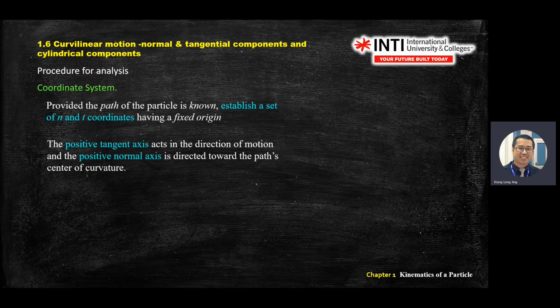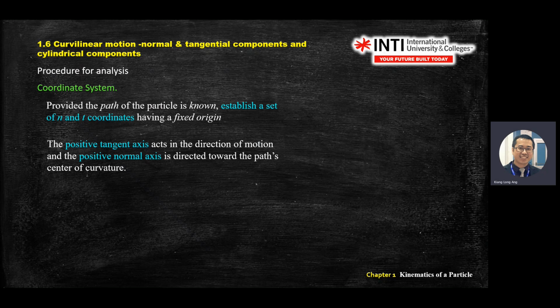These are the procedures, some guidelines to help you when it comes to the analysis of curvilinear motion. First, when you see a curve in the question, straight away draw the tangent and normal axes on your free body diagram.